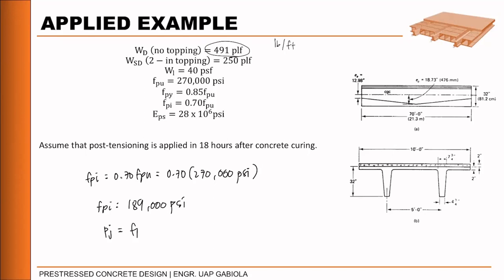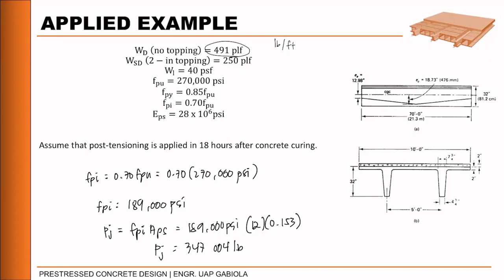So FPI times yung area ng prestressing steel natin. So 189,000 PSI times yung area natin, meron tayong 12 na 1/2. So 1/2 natin is 0.153. So 189 times 12 times 0.153. So meron tayong 347,004 pounds. Okay? Ito yung jacking force natin.